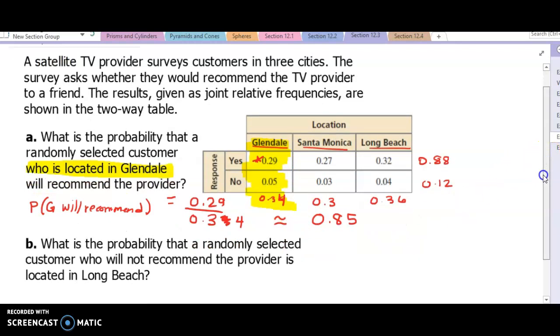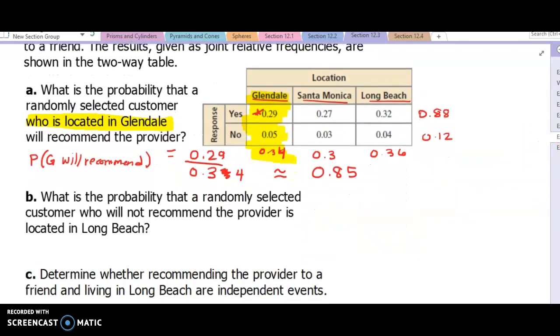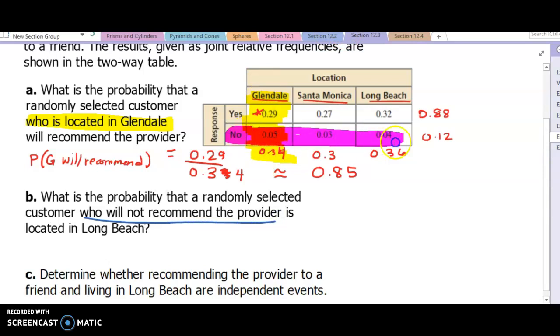Okay, so let's look at part B now. Part B says, what is the probability that a randomly selected customer who will not recommend the provider is located in Long Beach? Okay, so now our total population is the ones who aren't recommending them. So this right here is Long Beach.